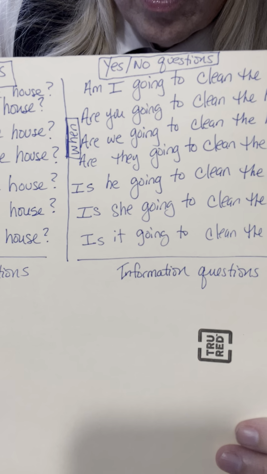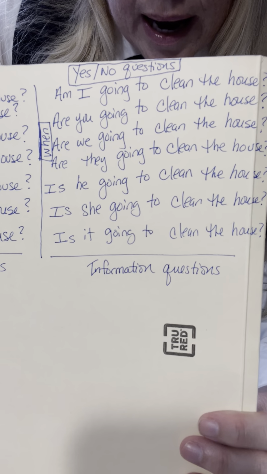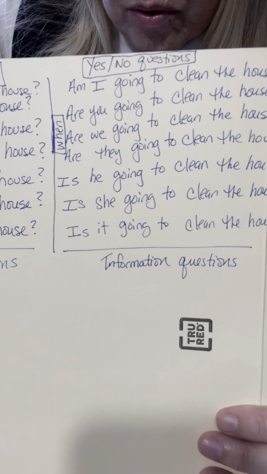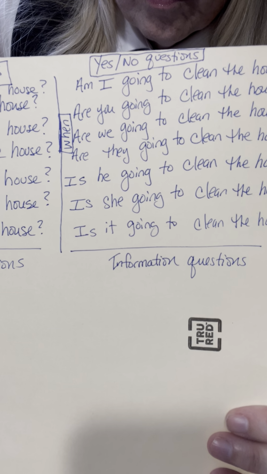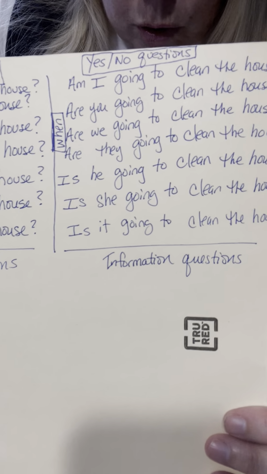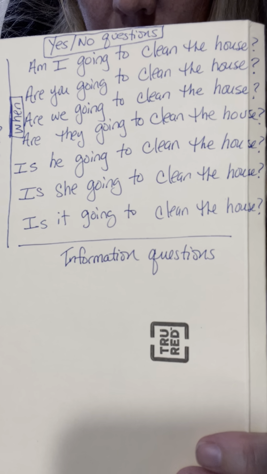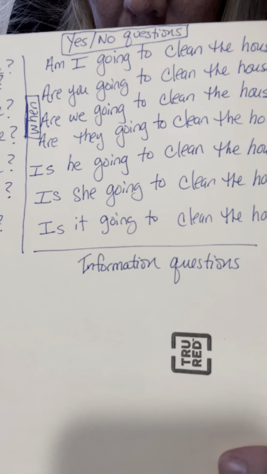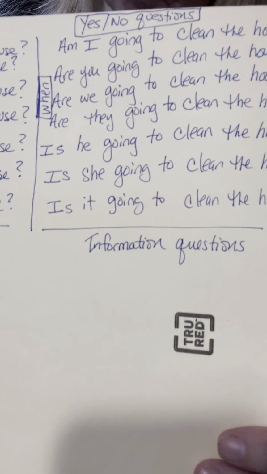So that would become, am I? Am I going to clean the house? Are you going to clean the house? Are we going to clean the house? Are they going to clean the house? Is he going to clean the house? Is she going to clean the house? Is it going to clean the house?